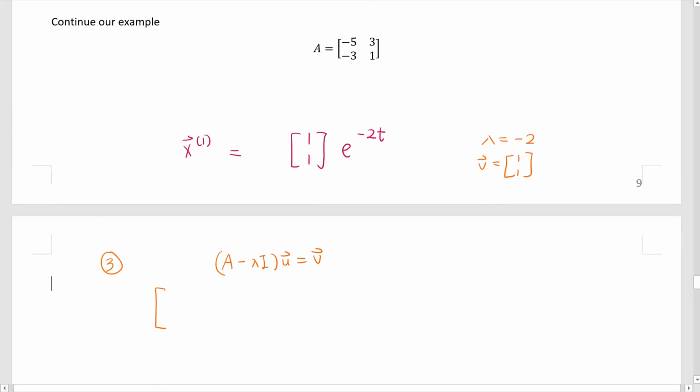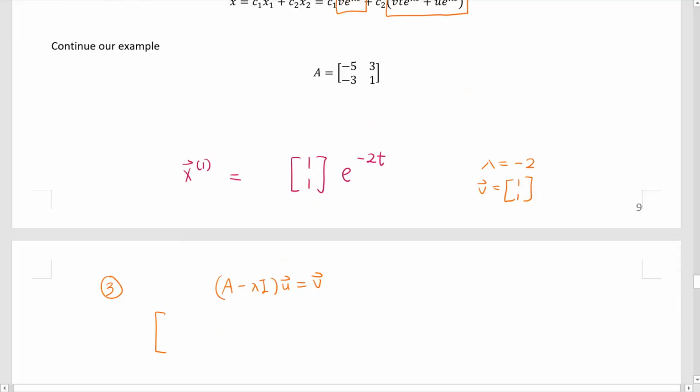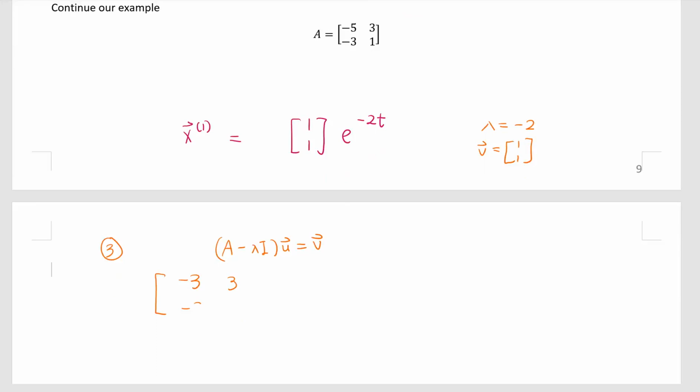Let's go back. This is our A, right? This is our A minus lambda I. So we subtract lambda from the diagonal elements, -5 minus -2. So -5 plus 2 is -3. And then we have 3, and -3 and here 3.